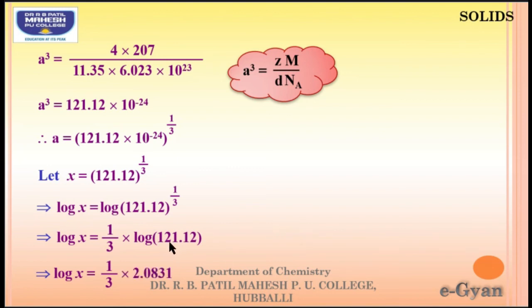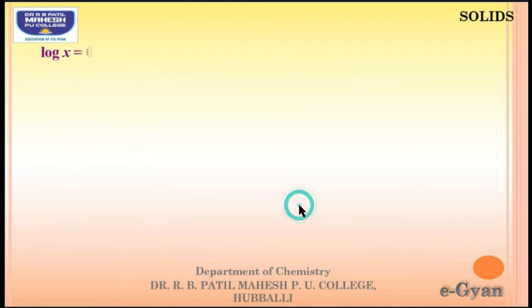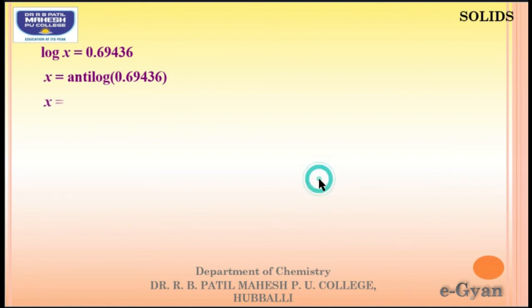Divided by 3. 3 minus 1 is equal to 2, that is the characteristic, and I have calculated the log, that is 0.0831. 2 plus 0.0831 is equal to 2.0831. So log x will be 0.69436. So x is equal to the anti-log of that value. So x will come 4.943.